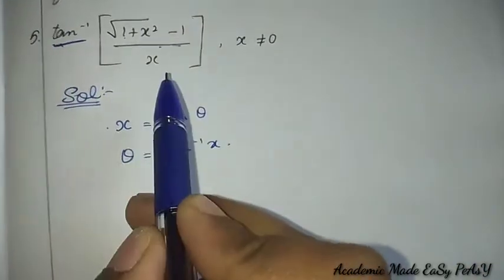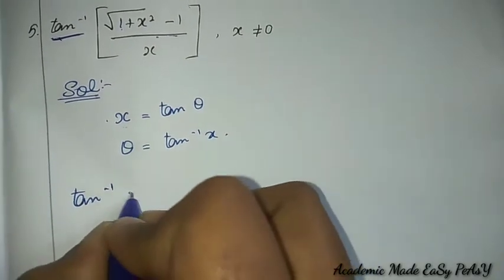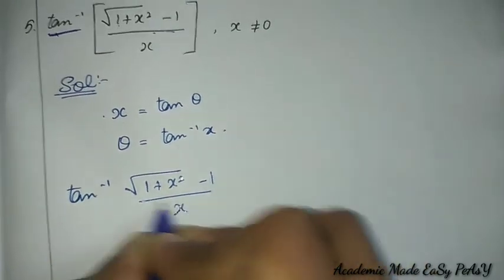Now let's substitute in the given function, that is tan inverse of root of 1 plus x square minus 1 divided by x.